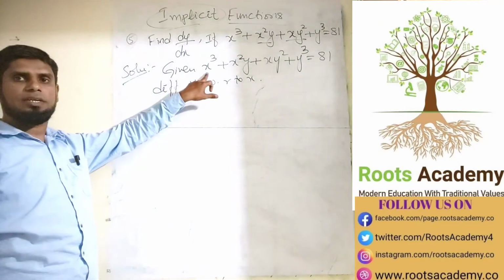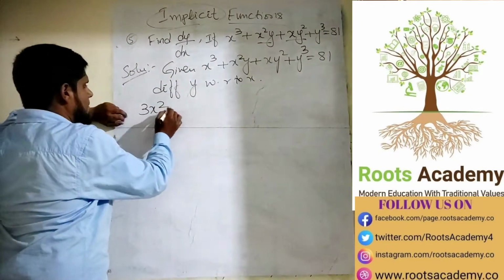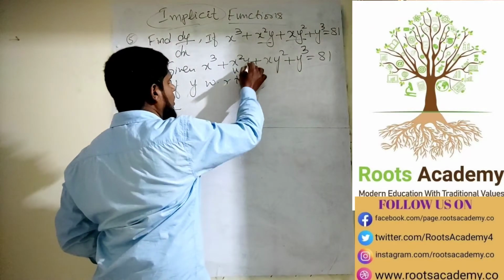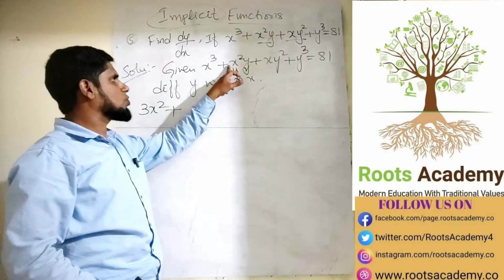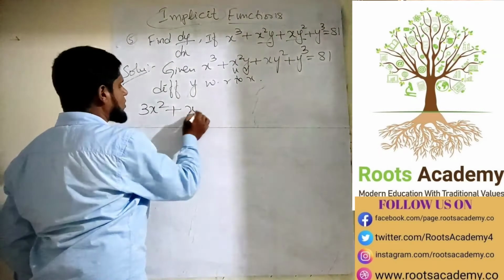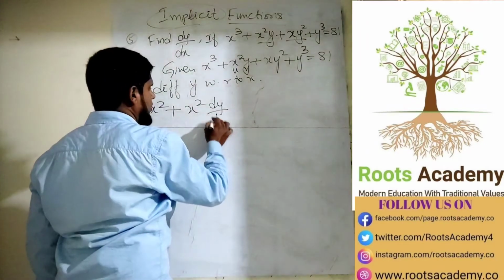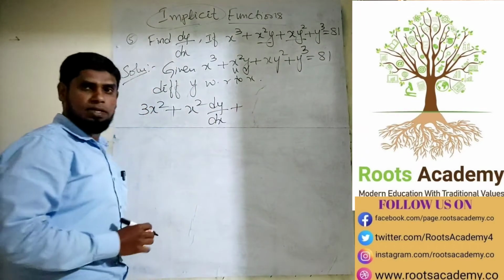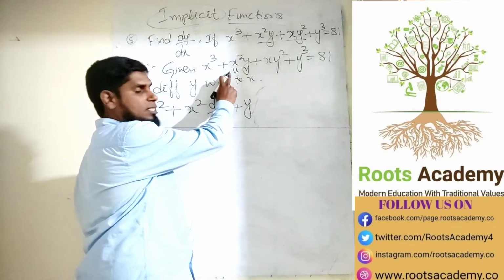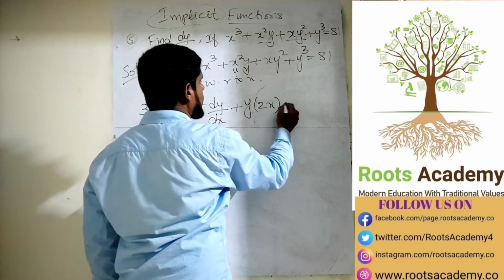Direct differentiation here. Derivative of x cube is 3x square plus u into v rule here, because as I said, 2 functions are multiplied. So that says first function as it is, derivative of second is dy by dx, plus second as it is, derivative of first term. Derivative of x square is 2x.